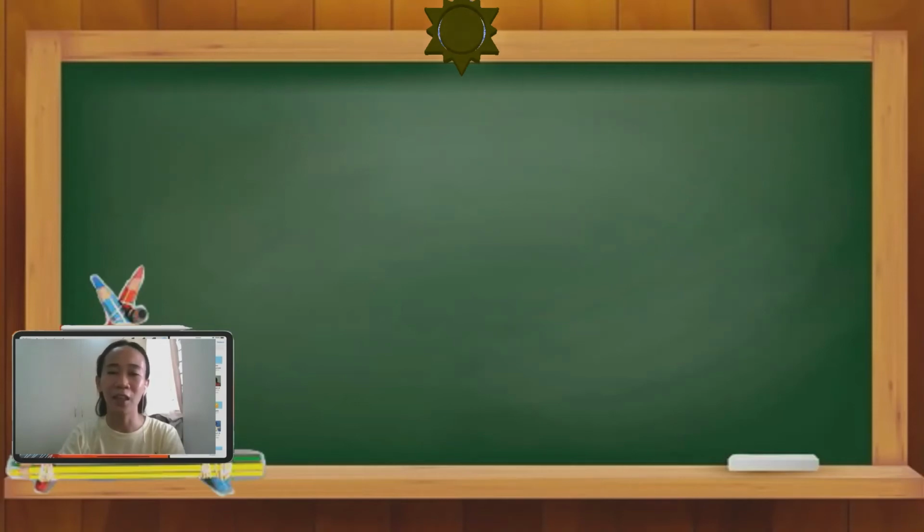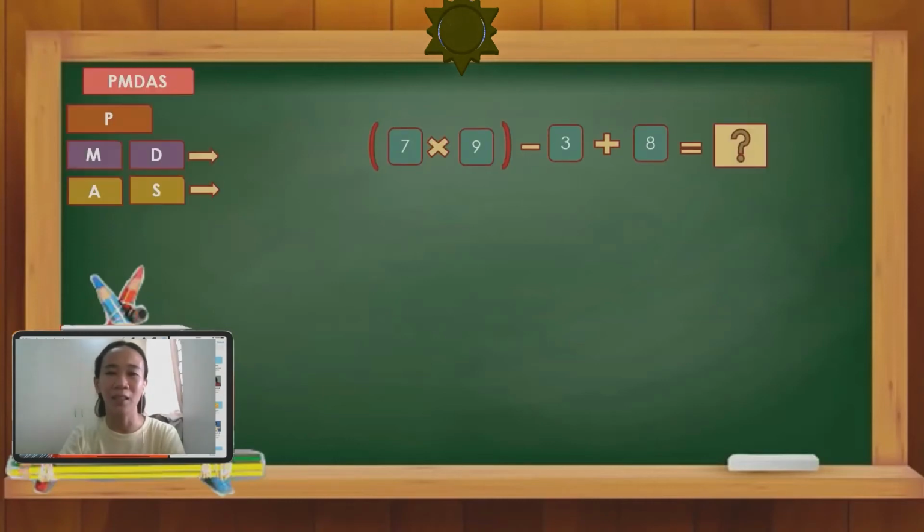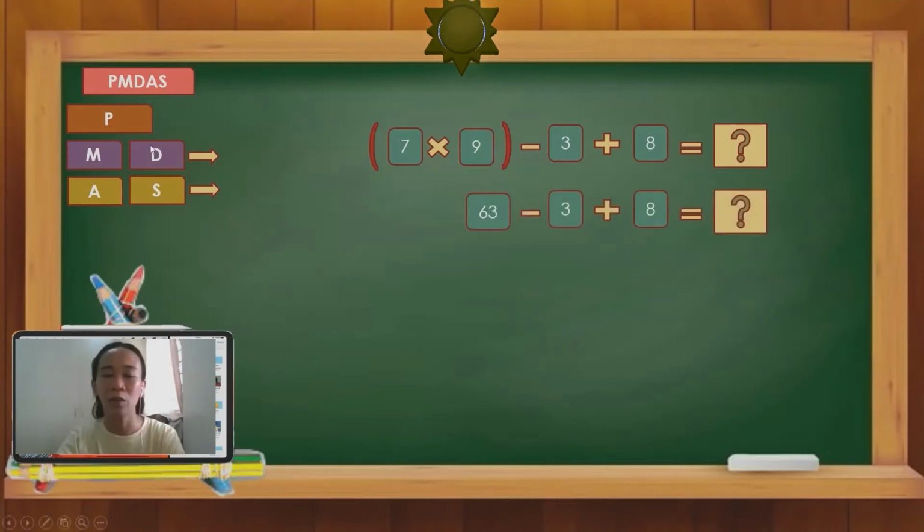Let us have another example. Quantity 7 times 9, quantity minus 3 plus 8. What's our answer here? First, we will solve what is inside the parentheses. So that is 7 times 9 is equal to 63. Then, minus 3 plus 8. Now, do we still have a grouping symbol here? No more.